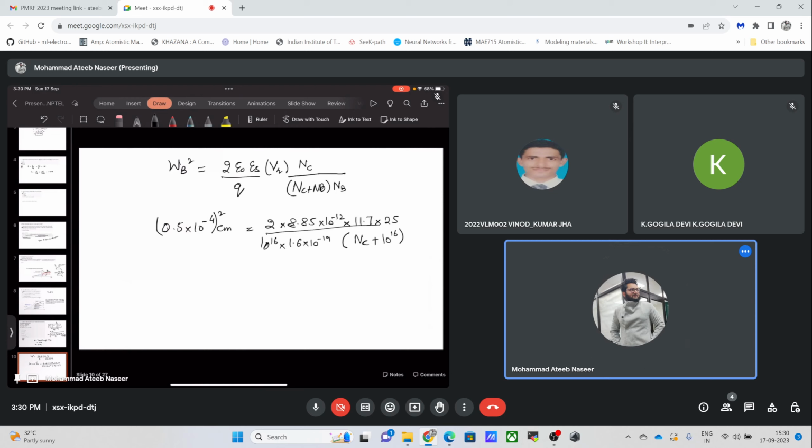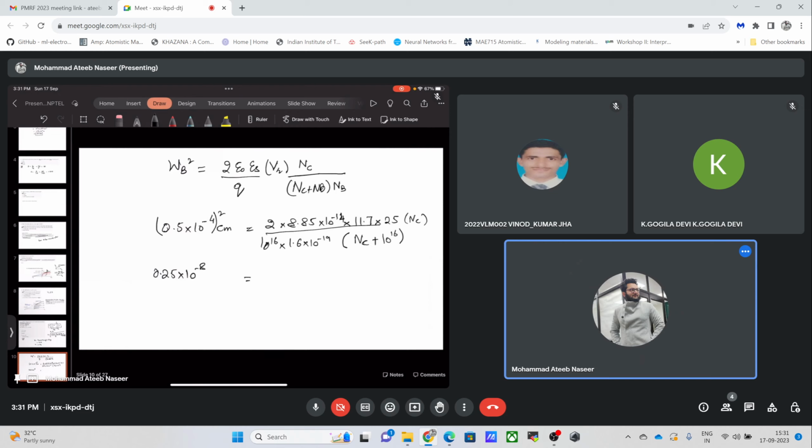Let's try to solve this first. So we are left with 0.5 into 0.5, which is 0.25, so 0.25 into 10 to the power of minus 8 centimeter square. And the permittivity is in farad per centimeter, so it is 10 to the power of minus 14.